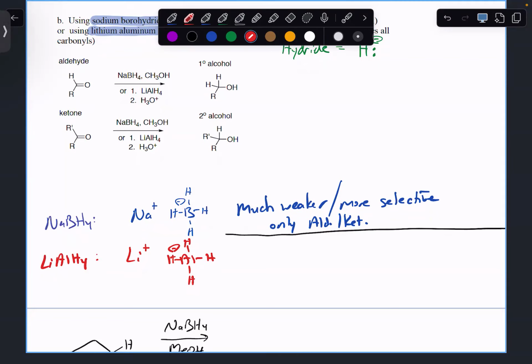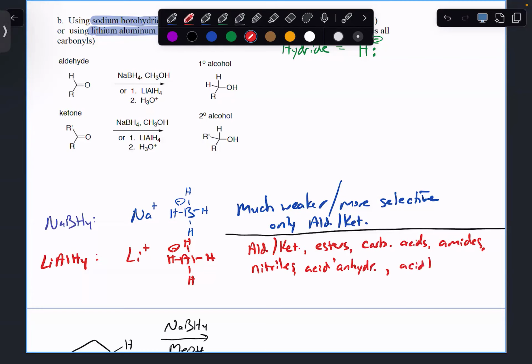So yes, that includes aldehydes and ketones, but that also includes things like esters, carboxylic acids, amides, nitriles, acid anhydrides, acid halides.